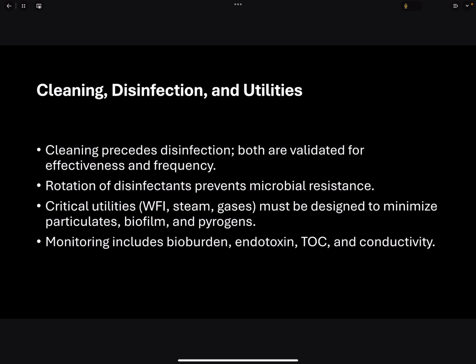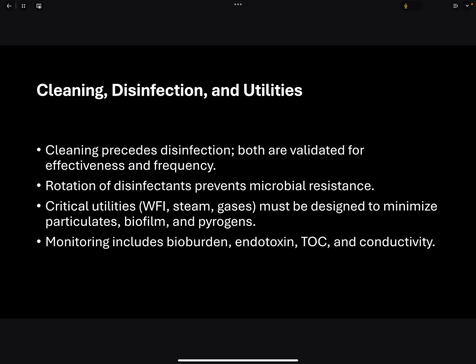Clean rooms only stay clean when we maintain them properly. That's where cleaning and disinfection programs come in. We always clean first, then disinfect, using validated chemicals and rotating agents to avoid microbial resistance.